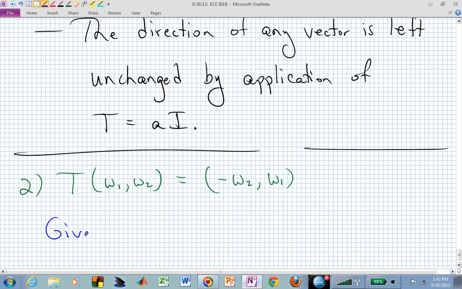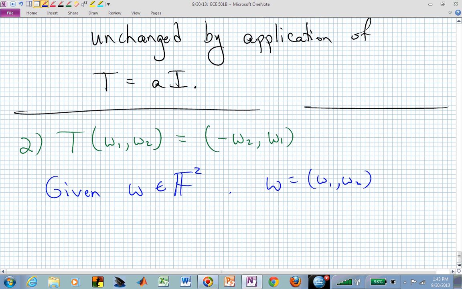Let's now just look at W being some generic vector. It might be a real vector or a complex vector. Let's just keep it general and say it's in F2. Or W is now W1, W2. And we want to know, what does this eigenvalue-eigenvector relationship imply?